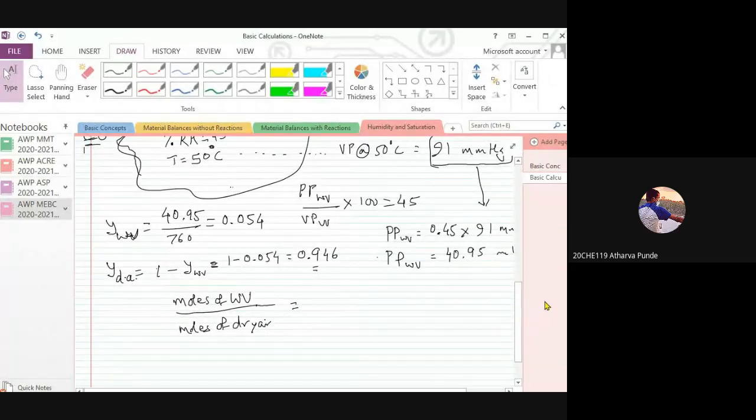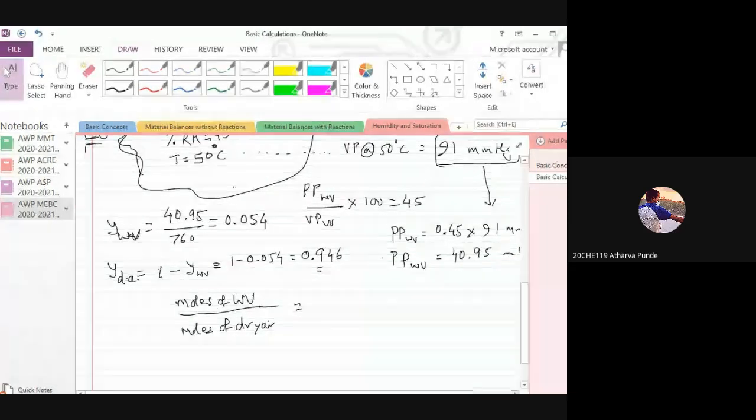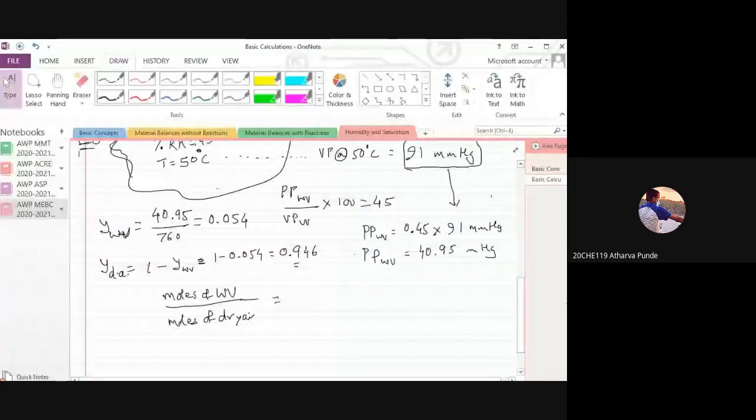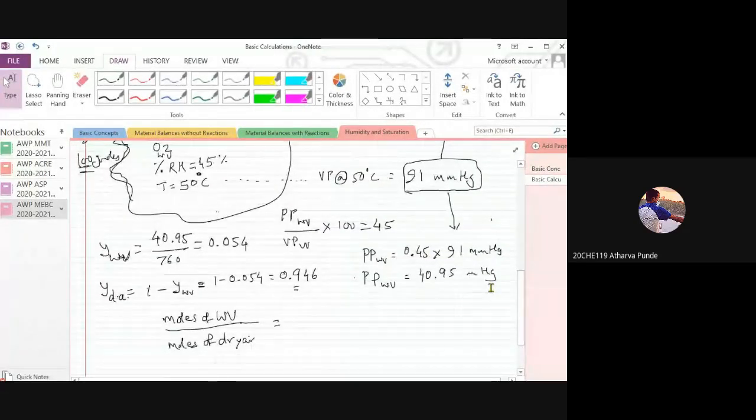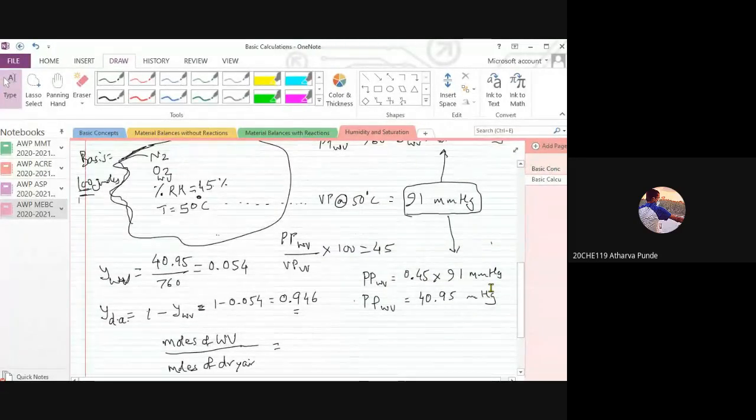You are answering 0.54, you are answering 0.054. Take a deep breath. Have a glass of water. If I take basis as 100 gram moles, 5.4 moles. Yes, 5.4. Oh, chill, relax.